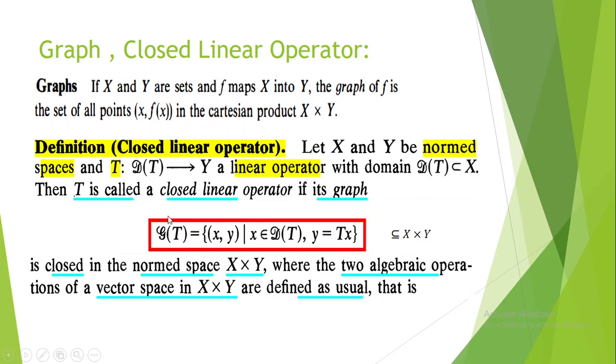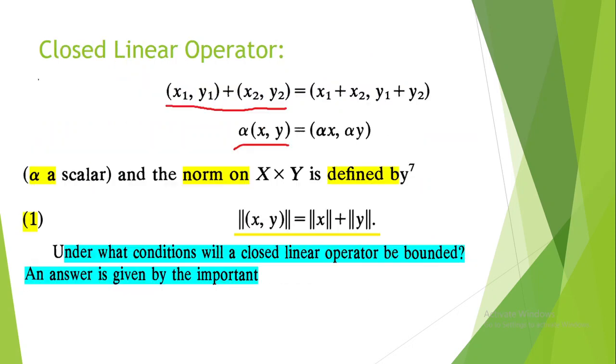Meaning T is called a closed linear operator if its graph is closed in the norm space X times Y, where the two algebraic operations of vector space in X times Y are defined as usual, as we earlier defined how to add two ordered pairs and how to multiply a scalar by an ordered pair, and the norm defined on this Cartesian product of norm spaces is given by this expression.